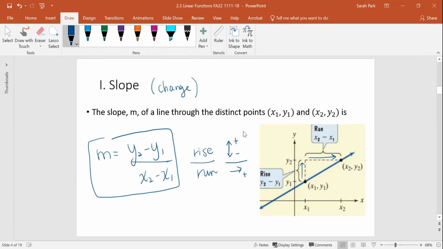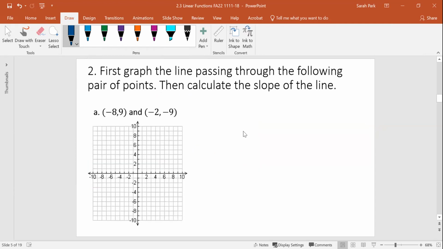Okay, let's do some practice problems. Let's graph the line passing through the points -8, 9, and -2, -9, and then calculate the slope of the line. So -8, 9, go to x is -8, not 9, should be up here. So there's negative 8, 9.